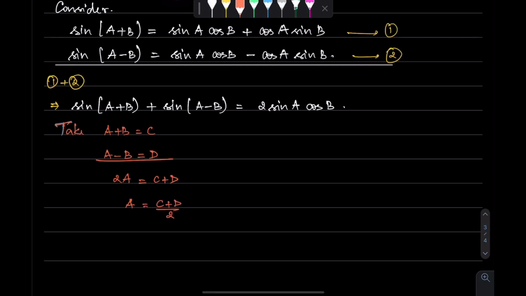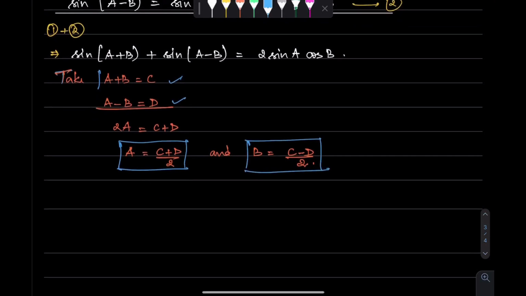Okay. And what do I get for B? I get B as exactly C minus D by 2. So I'm going to take these values, and instead of A plus B and A minus B, we are going to substitute C and D, and instead of A and B, we are going to use this in this expression.